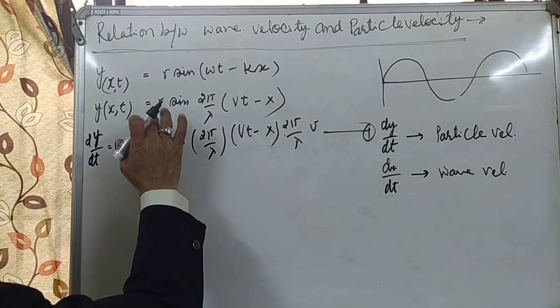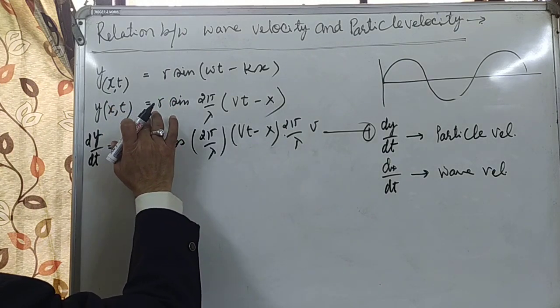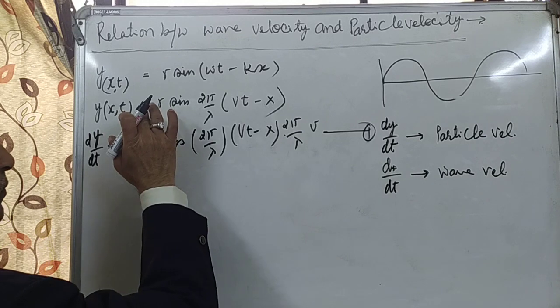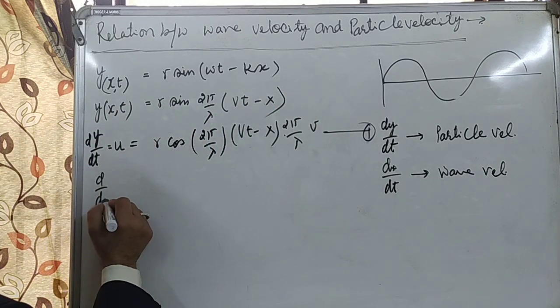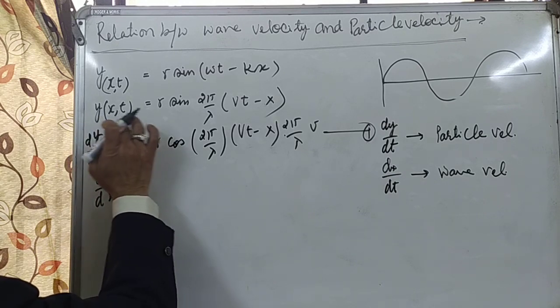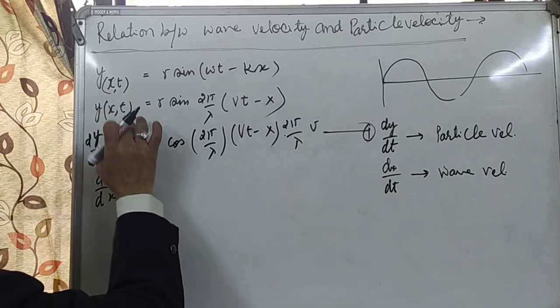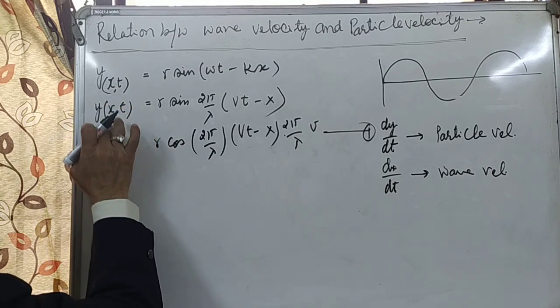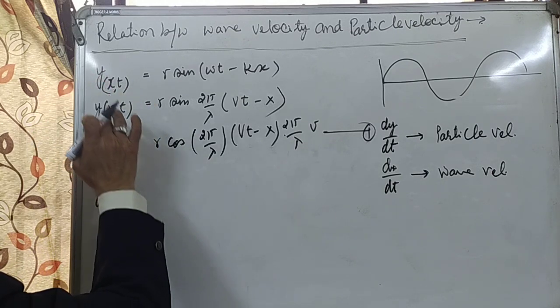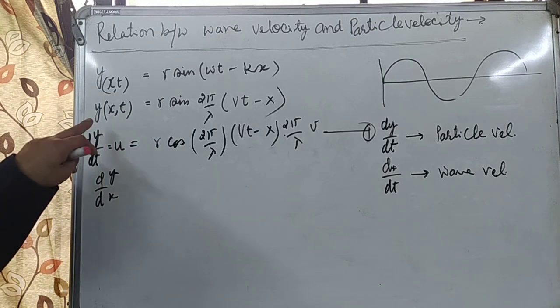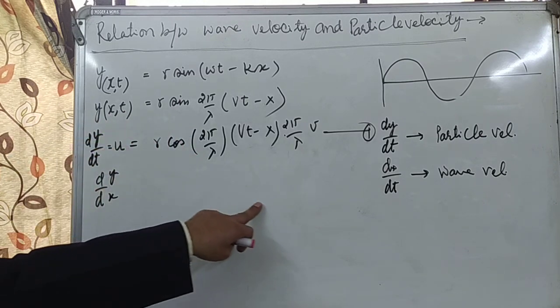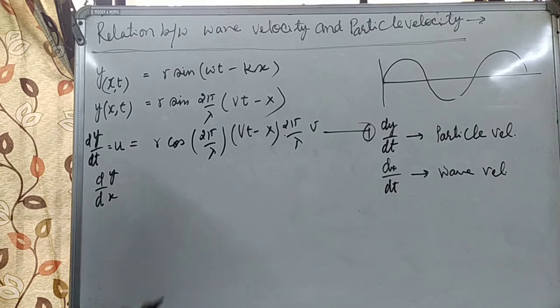Next, differentiate this with respect to the position of the wave, x. So dy by dx: this equation has two variables, x and t. So differentiate with respect to t and differentiate with respect to x. Now I am differentiating this equation with respect to x.